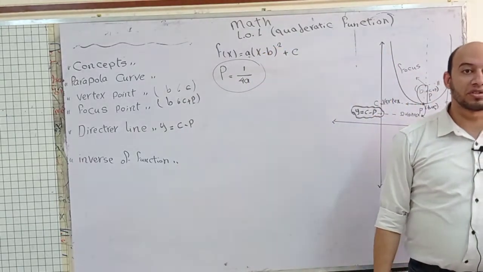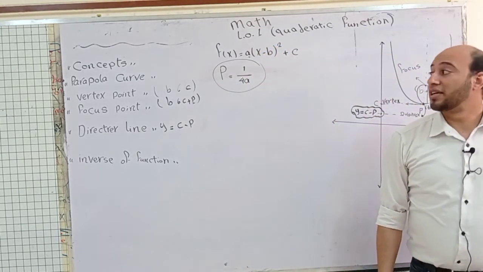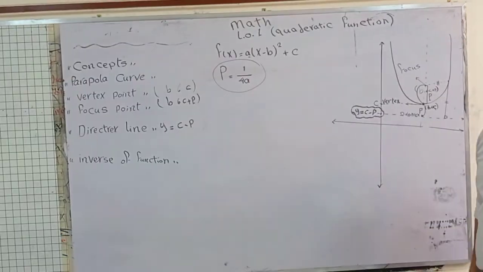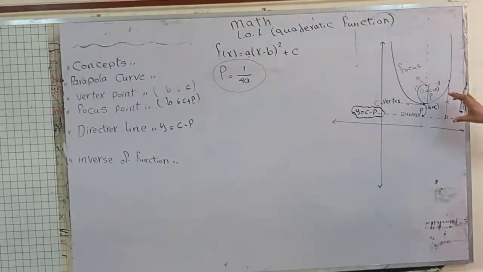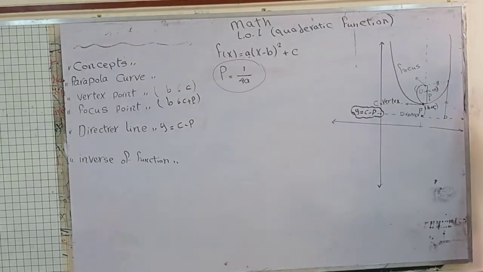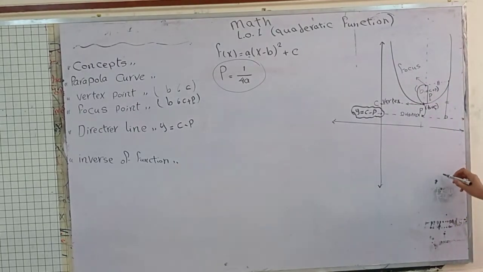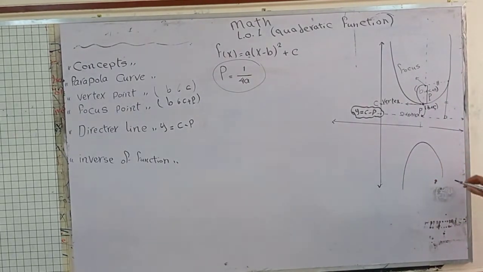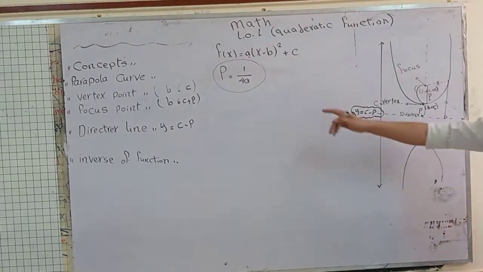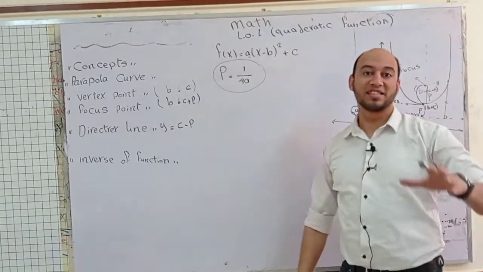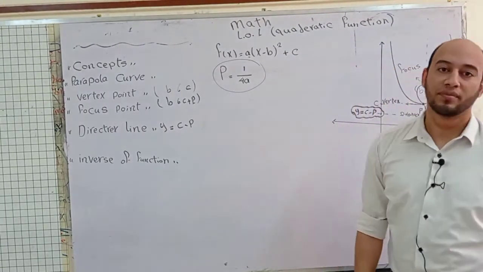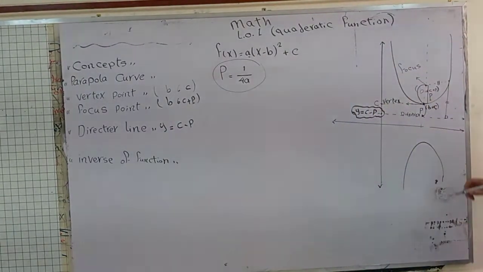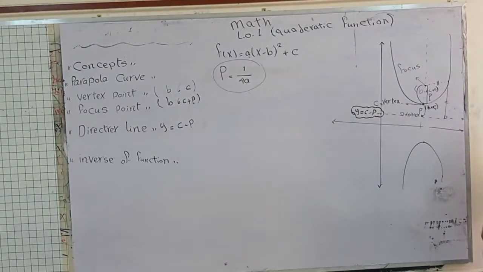If we suppose that this curve will be open down, this curve will be open down if the coefficient A is a negative number. In this case, the vertex point will be here.